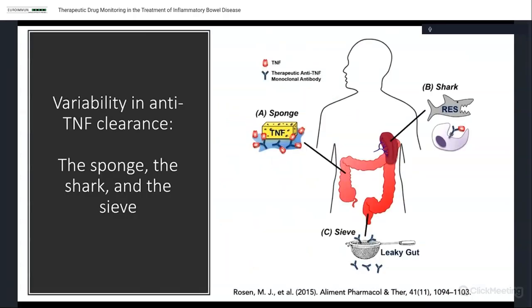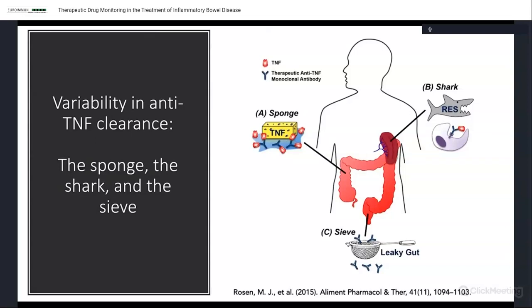Well, why is there such variability in anti-TNF clearance? We wrote a review several years ago on this and presented the concept of the sponge, the shark, and the sieve. These are mechanisms of anti-TNF clearance that can be variable in patients depending on disease severity.